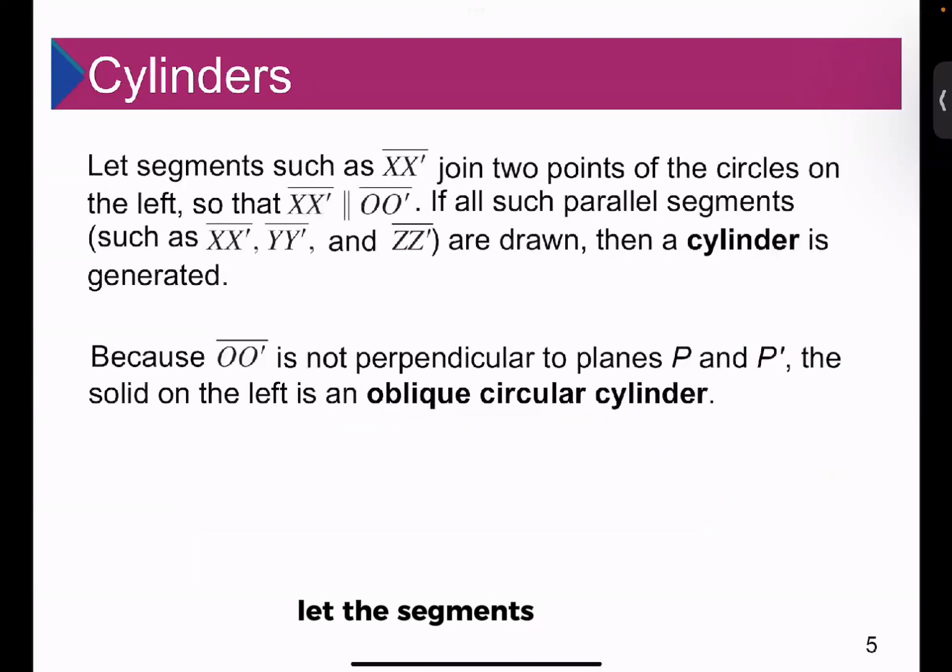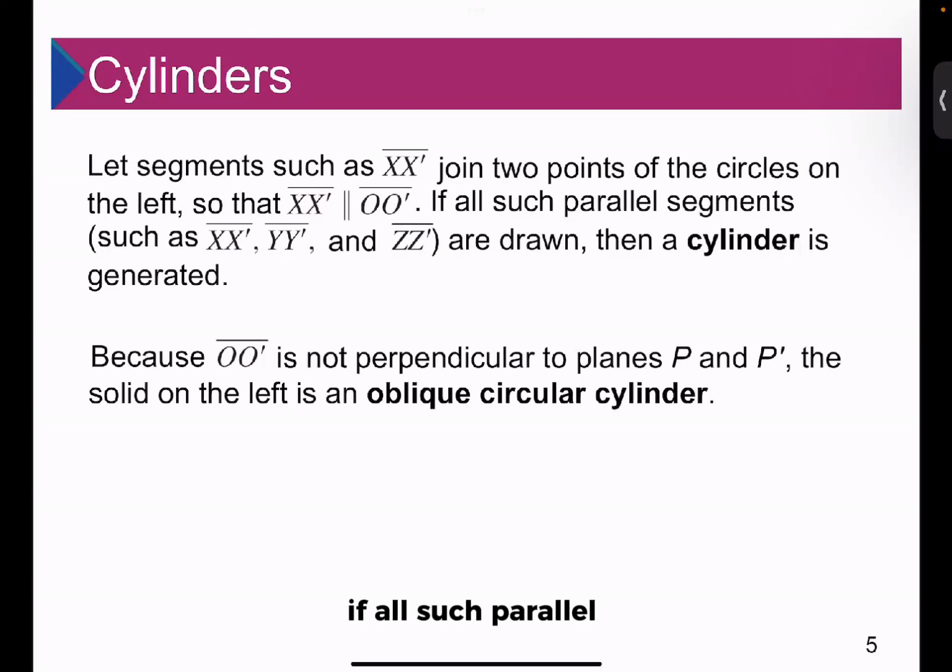Let segments such as XX prime join 2 points of the circle on the left so that XX prime is parallel to OO prime.